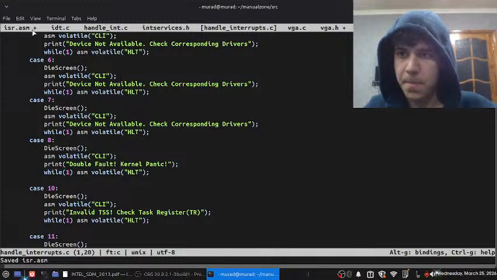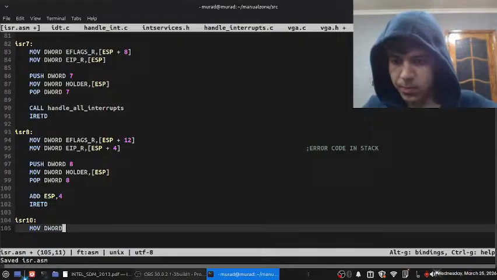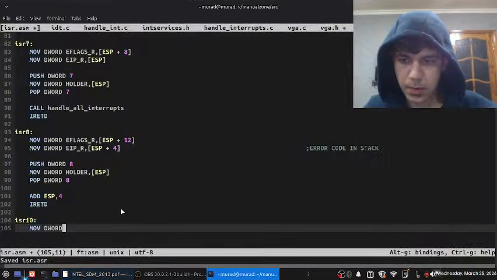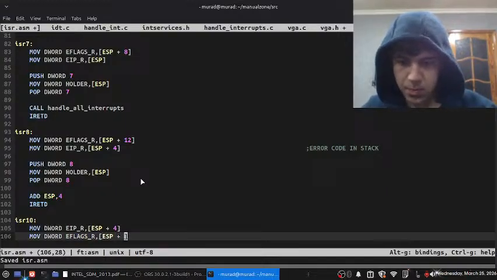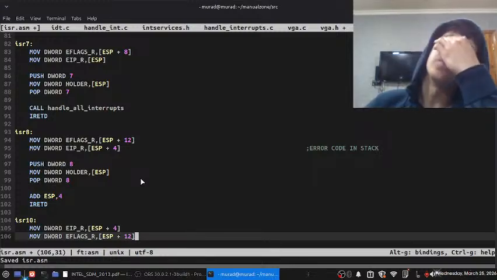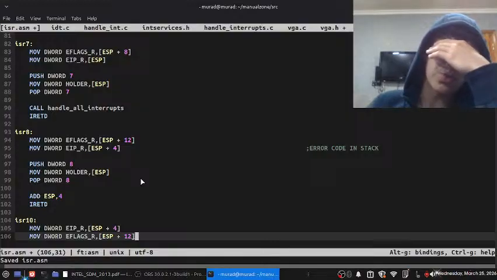ISR 10: instruction pointer, error code, instruction pointer, code segment.